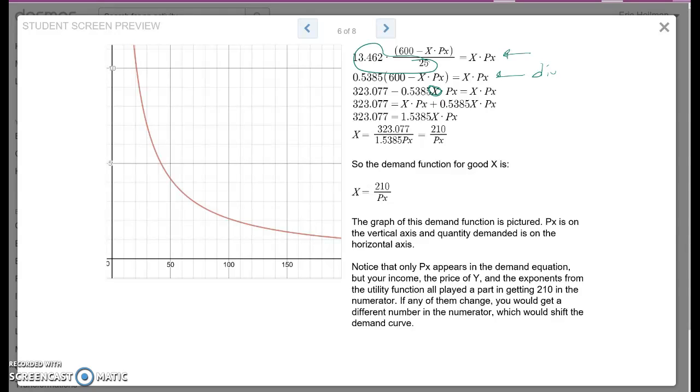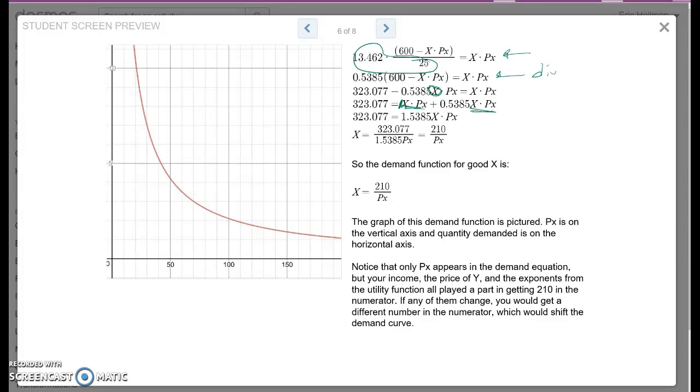So now I have on the right-hand side 1x px plus 0.5385 x px. Those are like terms because they both have the same variables, x px. So you can just add them together. You get 1.5385 x px is equal to 323.077.